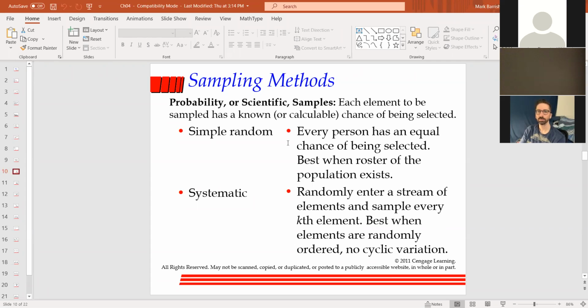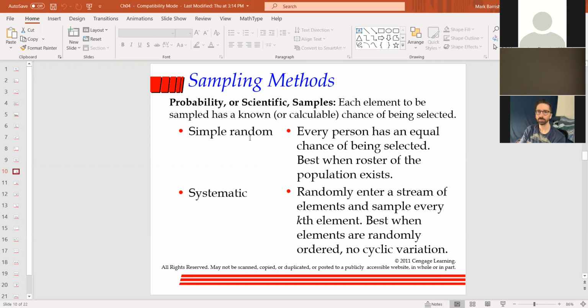A simple random sample says that every sample of size 100 would have an equal chance of being the one that you ended up with, all right? There could be 10 million different samples of size 100 that you could have come up with, and the one that you got has the same equal chance of being that sample as opposed to any other possible sample that you could have chosen. So that's really what a simple random sample is.